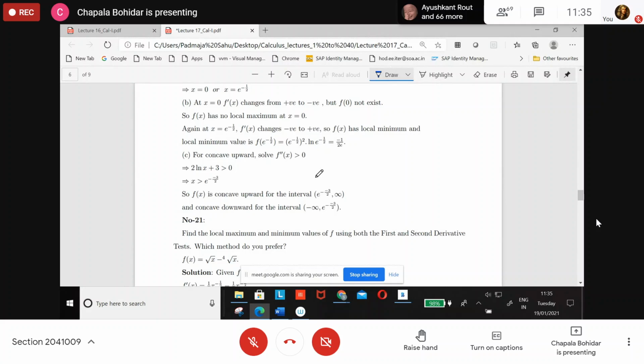Which method do you prefer? By using that, find out the local maximum and minimum, where f(x) is equal to root x minus fourth root of x, x to the power 1 by 4.